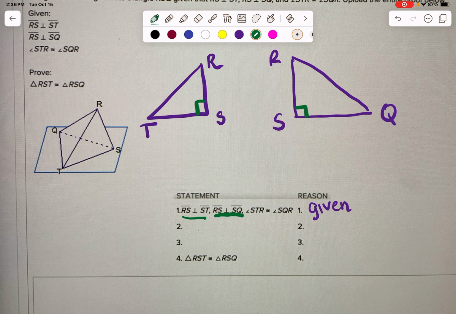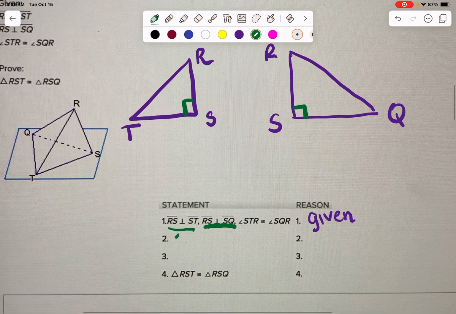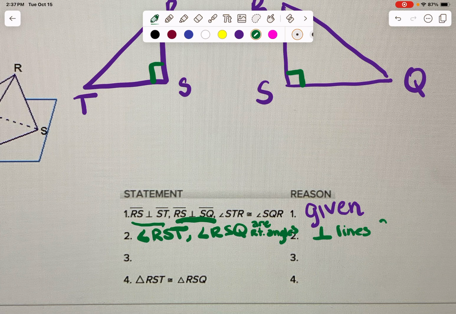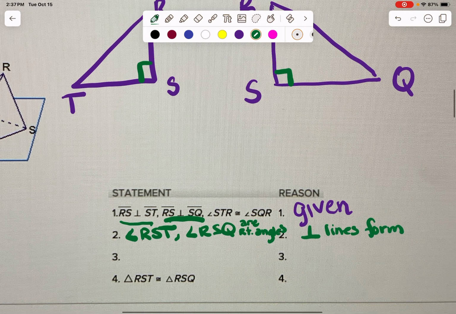So I guess we could just write down as our second step, we could say angle RST and angle RSQ are right angles. Sorry, my 5th grade handwriting trying to fit it in there. The reason for that is we always say that perpendicular lines form right angles.